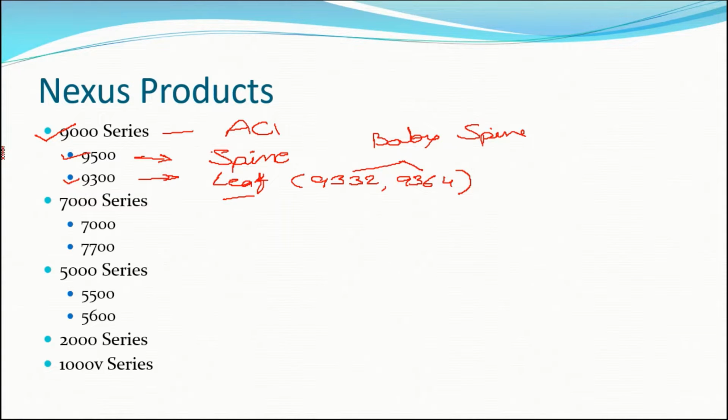If the customer is a small customer, not interested in investing more money in their data center and can't afford the higher modular switches, then these fixed switches will help them, and they can use these two baby spine switches for the spine and leaf topology in their ACI environment.